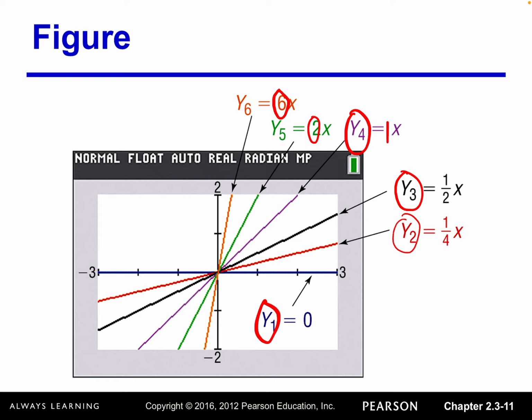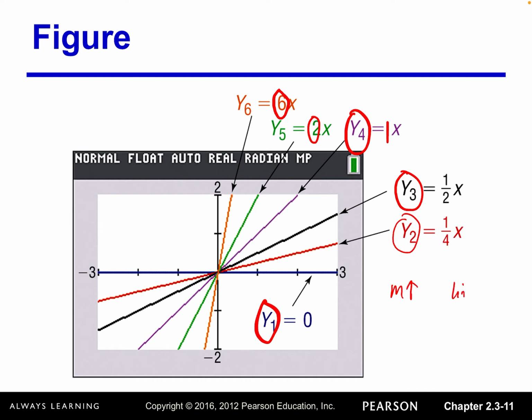So you can see as the slope increases, the line is going uphill faster, which shows as being closer to the y-axis.